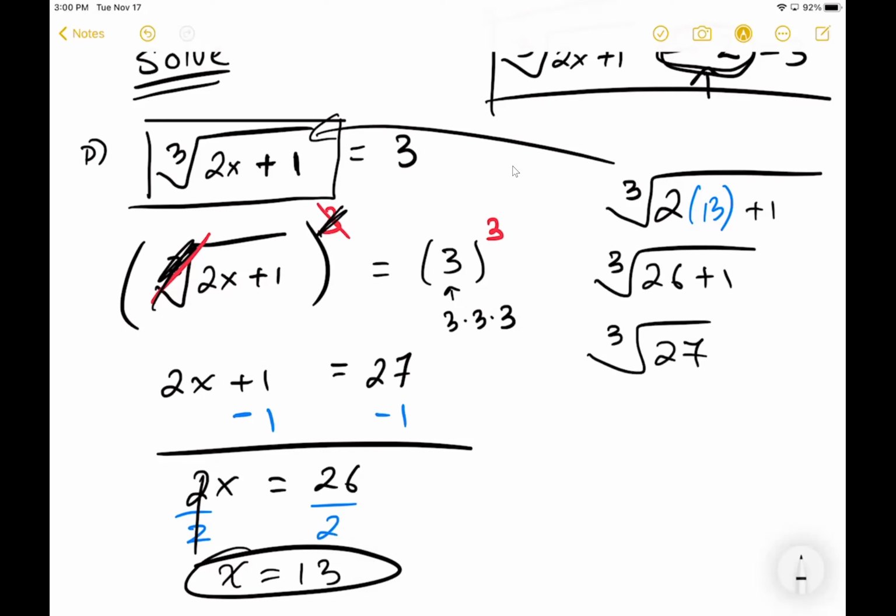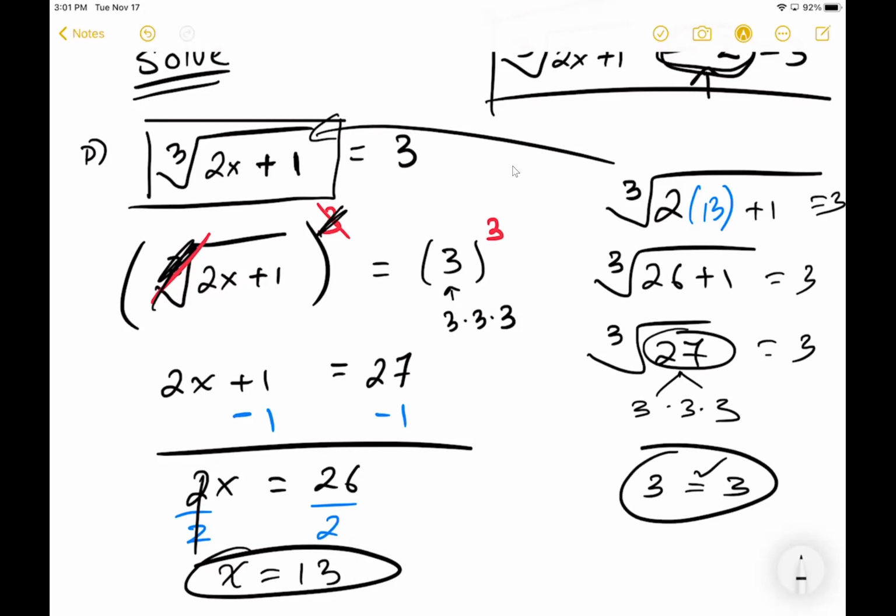So what is the cube root of 27? Well, we're looking for a triple of 3s. Do you agree that 27 is a perfect cube? So the cube root of 27 is 3. Is that equal to 3? This is what they tell me is equal to 3. We find that the number for x that we plug in there, and we simplify, then we get 3 here. And that's what we have here.